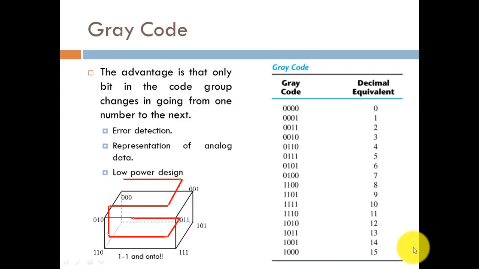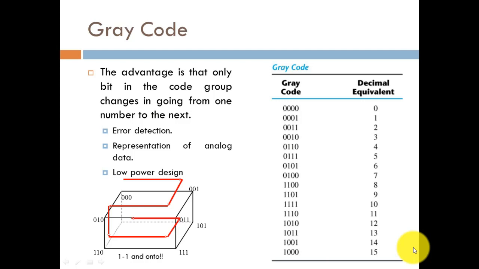This particular slide is showing the Gray code. The advantage is that only one bit in the code group changes when going from one number to the next. So in this table, it is showing the decimal equivalent and its respective Gray code.